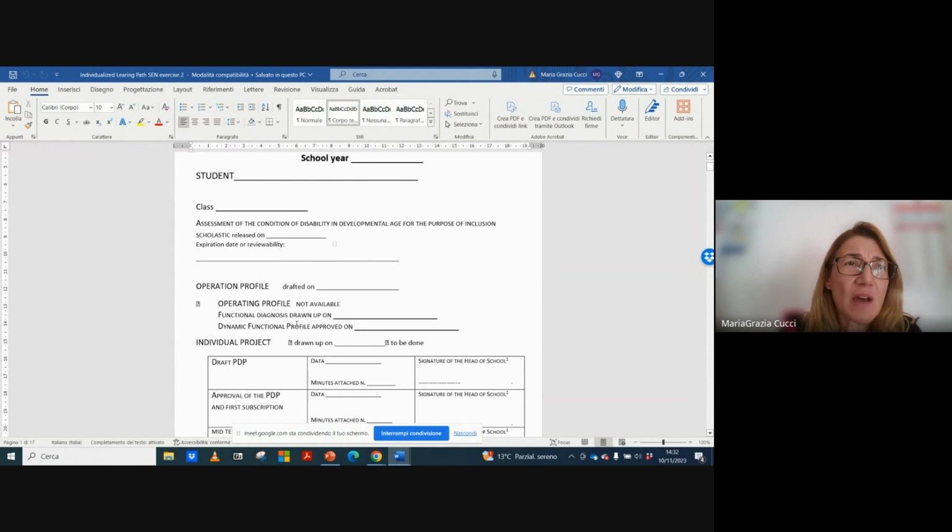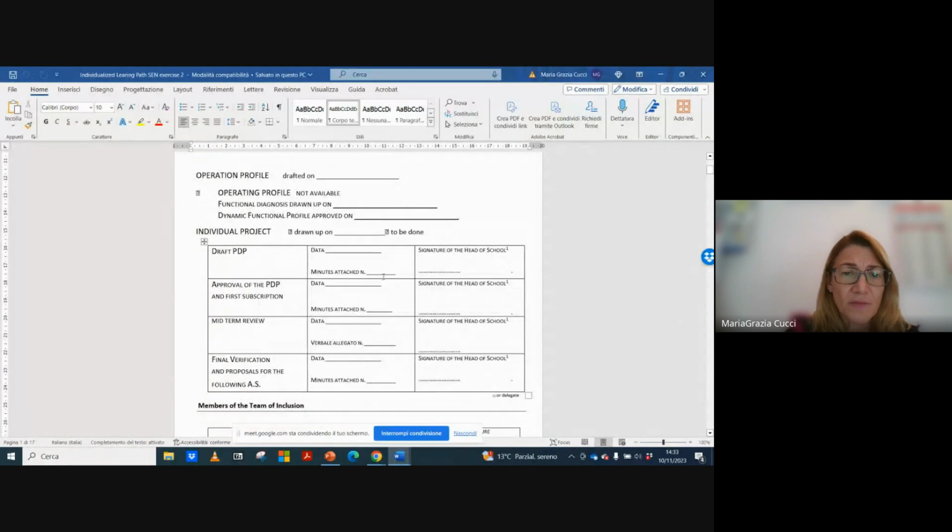And we can also have a certification, we can call it, or we can have a student with a special educational need without any certification, but we know that there is the need to find some way to give this student the opportunity to learn exactly like the other ones, starting from the observation that we do inside the class, or even from some evidences that we can get from the family or from the student himself.